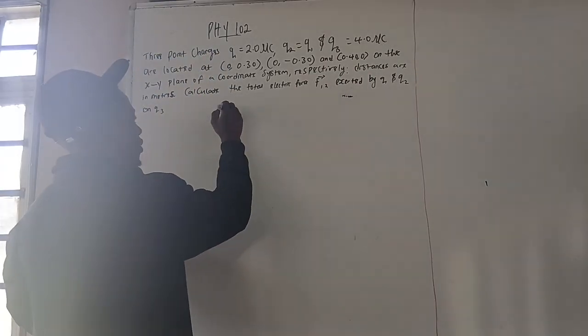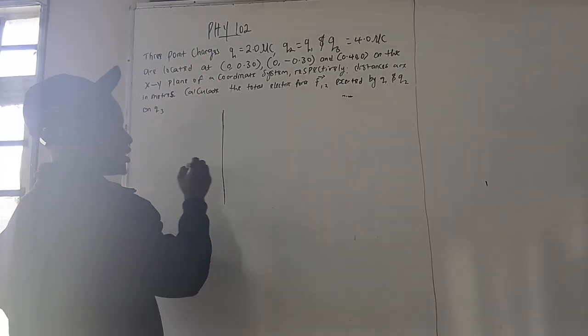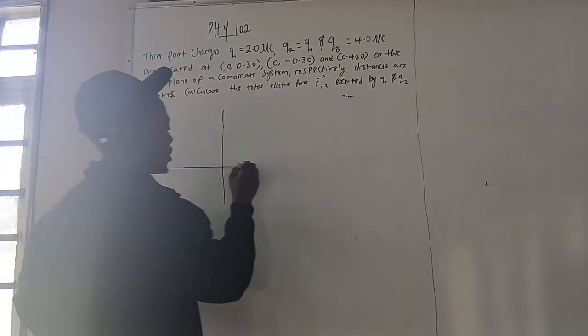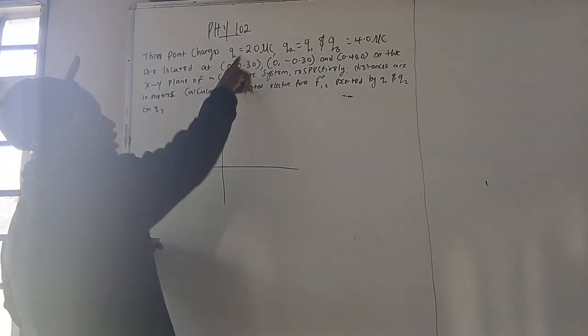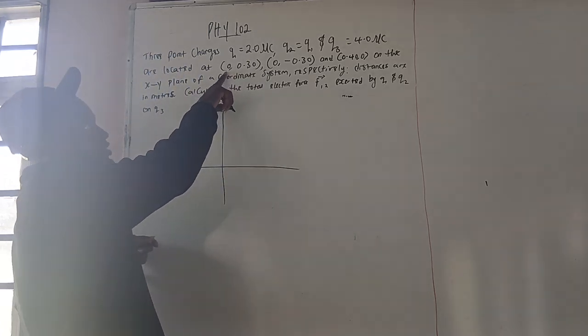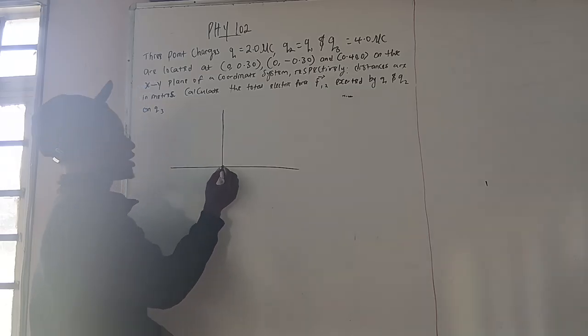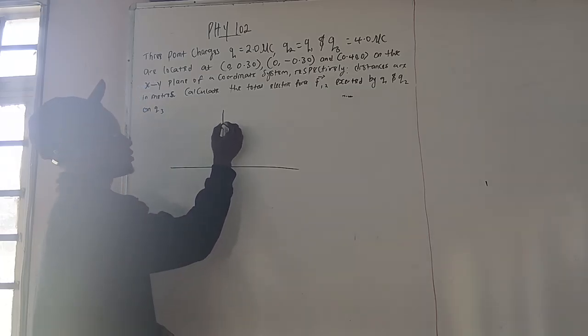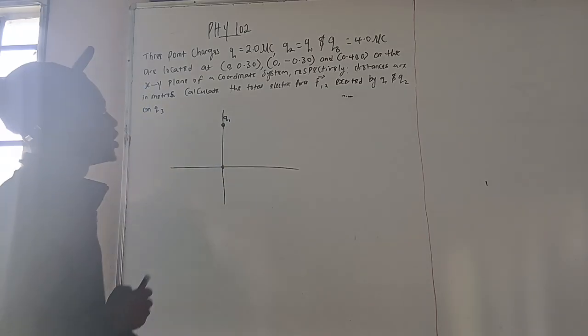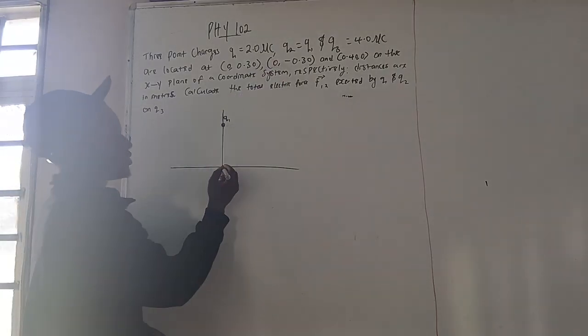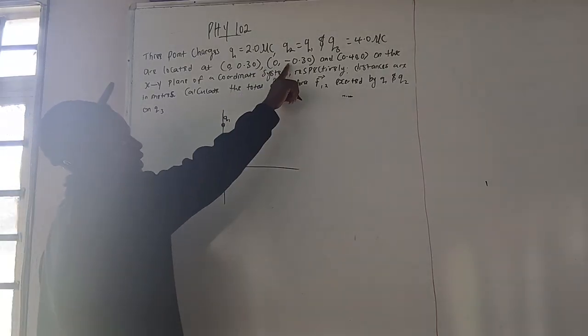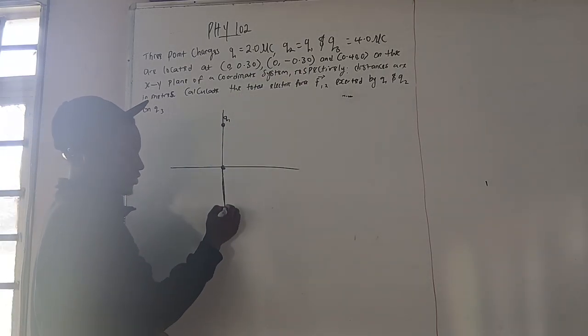So let's first draw our plane. For Q1, the x-axis is 0 and the y-axis is 0.3. So Q1 is at the origin on the x-axis, with y positive 0.3. Let's assume Q1 is here. Q2, x is 0, y is minus 0.3, so on the negative y-axis.